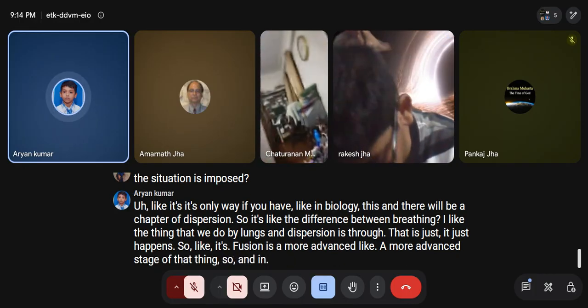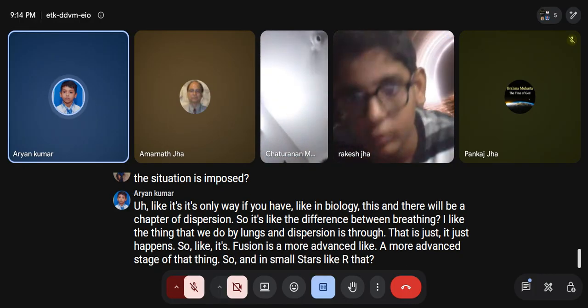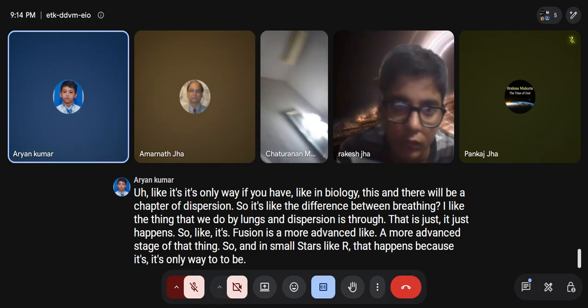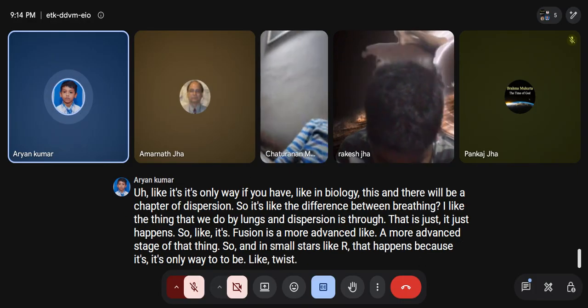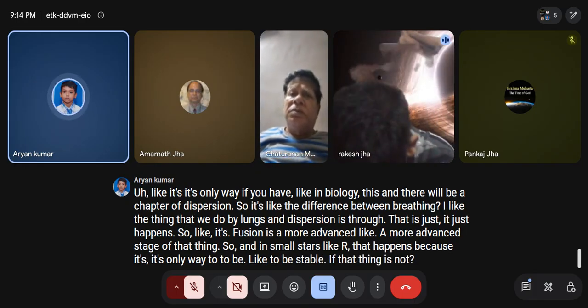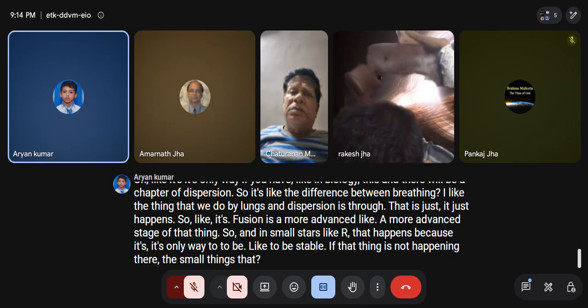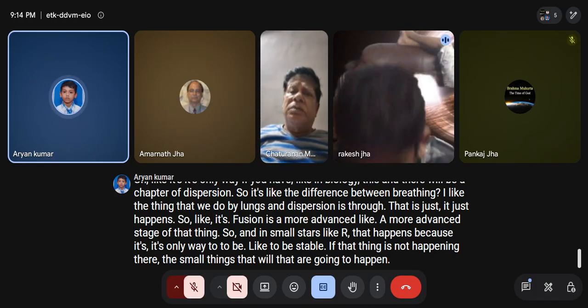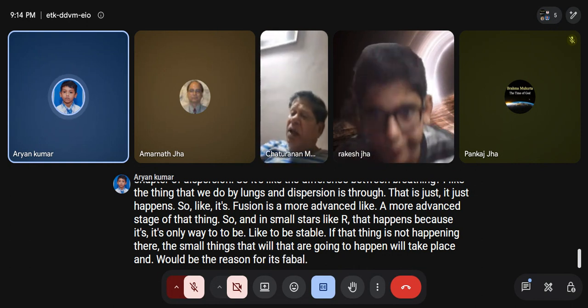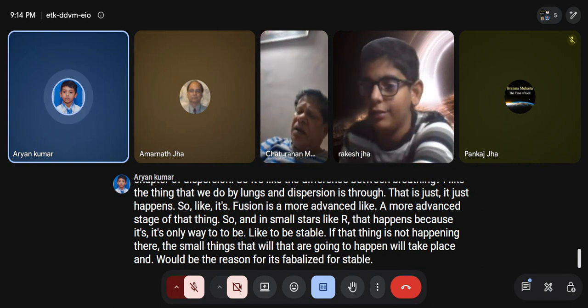And in small stars like ours, that happens because it's the only way to be stable. If that thing is not happening there, the small things that are going to happen will take place and would be the reason for its stable state.